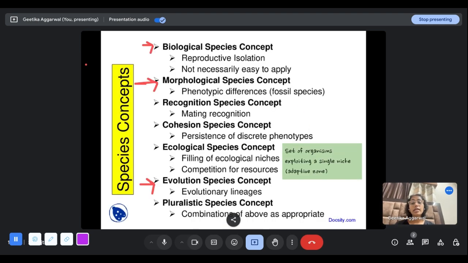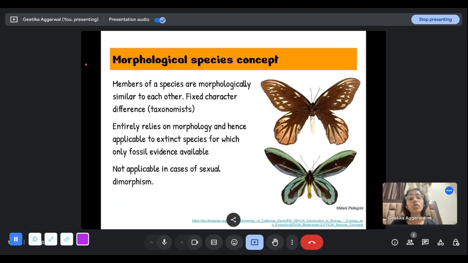Now, coming to the ones that are in our focus, number one is the morphological species concept, which was commonly applied in old times when we did not have access to, say, genome databases or a way of sequencing the genome, and we did not know enough about the reproductive behavior of the species.